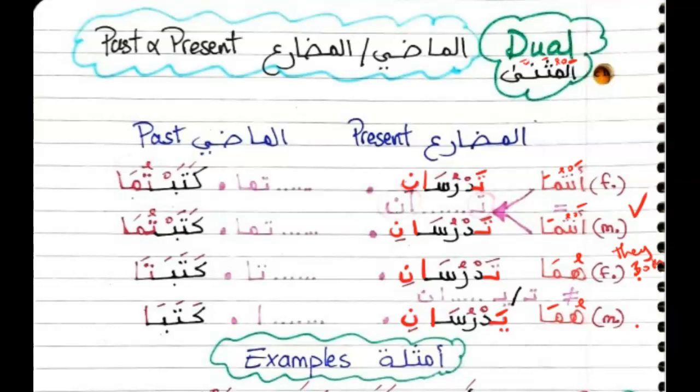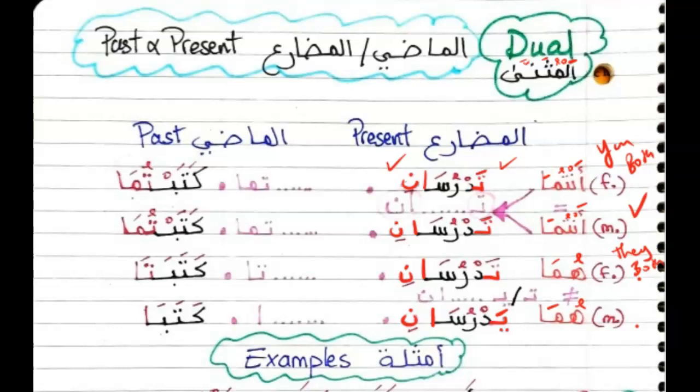So let's look at it again one more time. When we're talking to two people, we're saying you both. And they both have the same conjugation when it comes to prefixes and suffixes. They are the same. Ta, an. Anta wa ukhtuk. You and your sister.